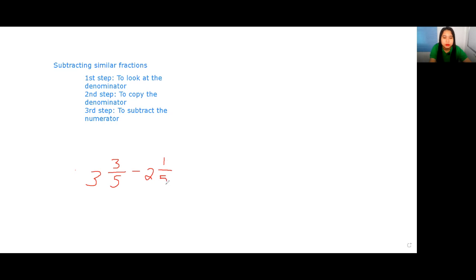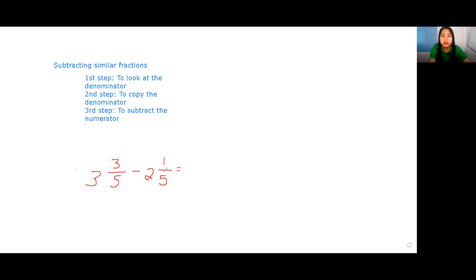Okay, so remember class, if you see a mixed number, you always need to convert it to an improper fraction.